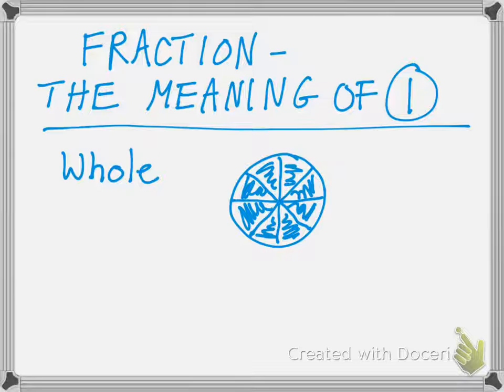Okay, so this is 1, 2, 3, 4, 5, 6, 7, 8. There are 8 possible pieces of pizza and you have all 8 of them. That means you have one whole pizza. So in this case, 1 means 8 out of 8 pieces are all there.